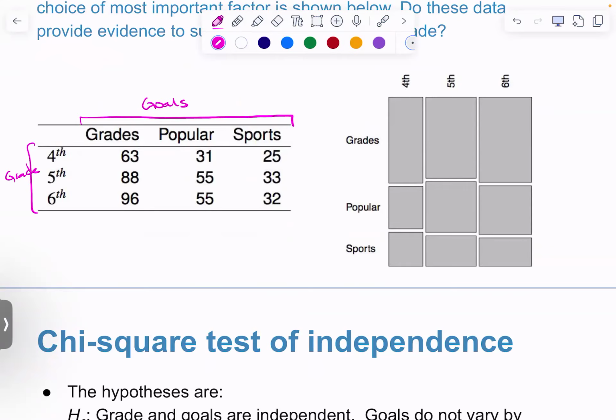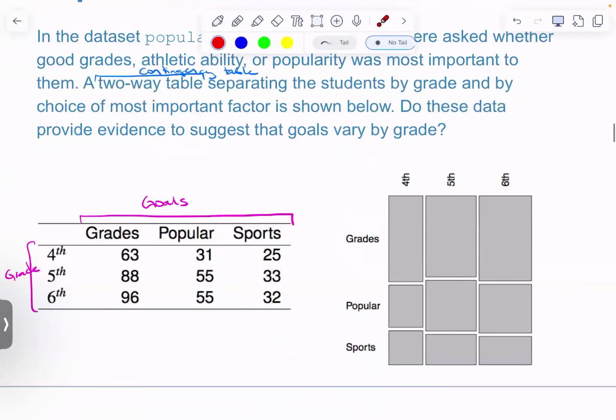So we've got these counts, and they've got a mosaic plot, which I don't actually like because I don't think it's very helpful. And so we'll focus on the contingency table. What we want to know is, is there some sort of relationship between the goals and what grade the students are in?